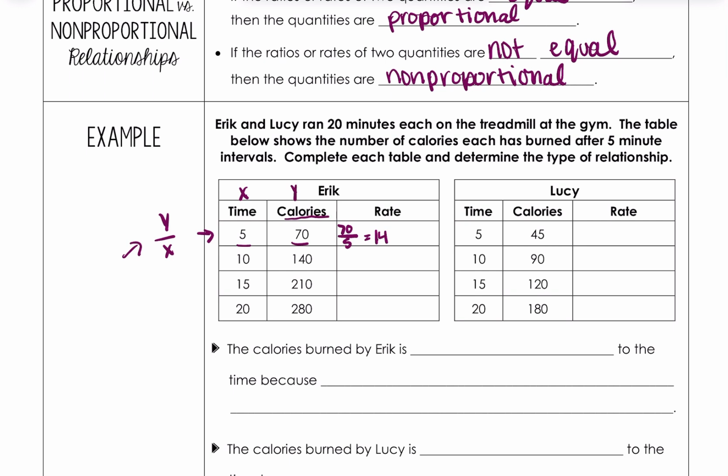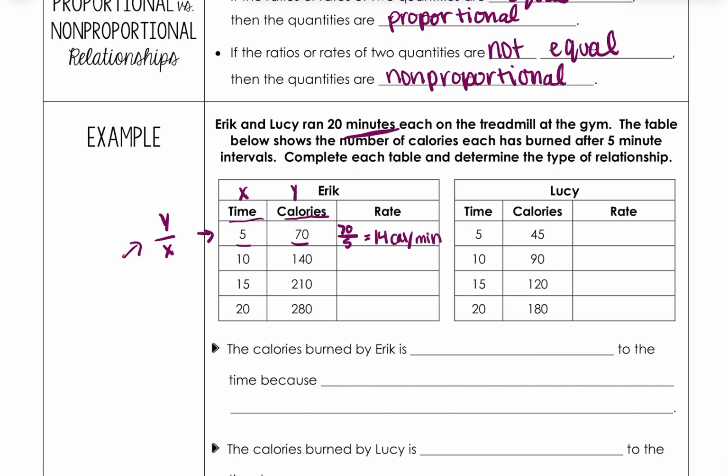Since I went y first, it's calories per, and then our time. Now I got to make sure I look at the unit that we're in, which is minutes. So I put minutes. Okay. Now, that's how you find a rate or unit rate. So in a question, if it asks you to find just the unit rate, I just have to pick a row and do that.